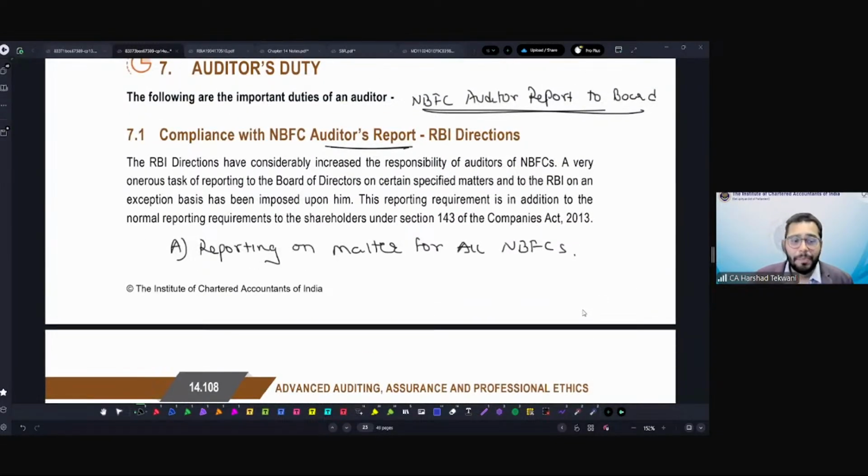Now, these matters are specified in para 3 of the directions. Just like CARO, we have a para 3 of CARO where all the reporting requirements are there. In a similar way, there is a para 3 of these directions where everything is defined.